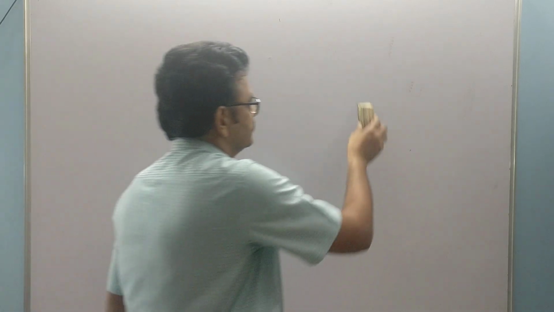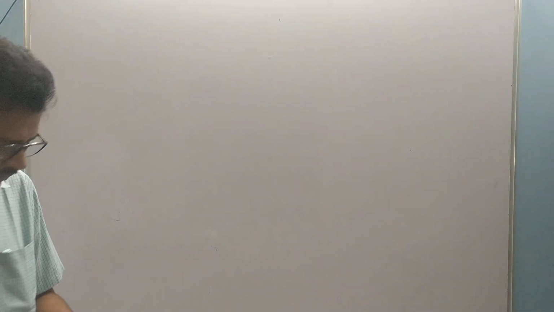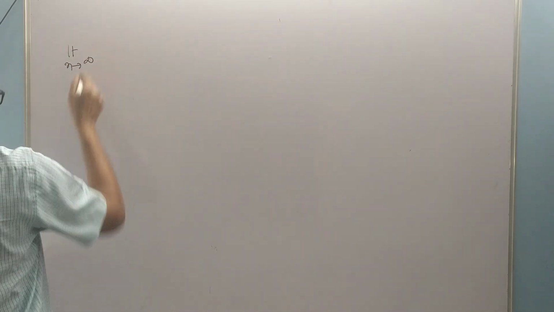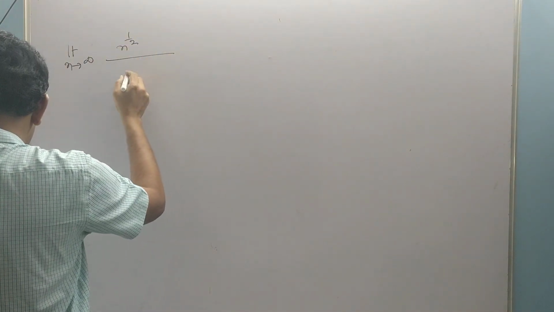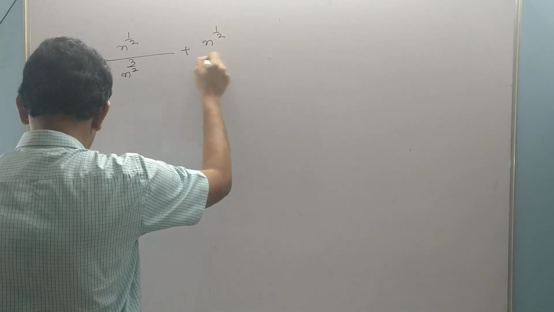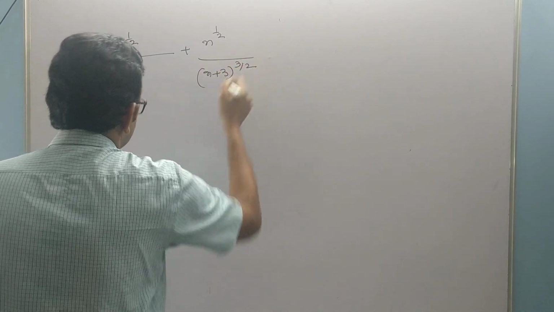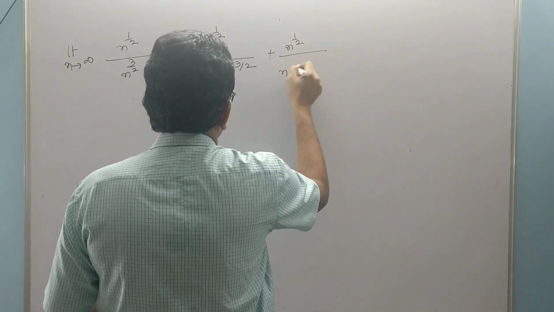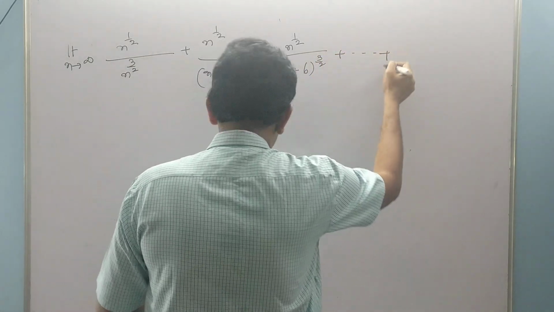Next one: limit of n tends to infinity of n power 1 by 2 by n power 3 by 2, plus n power 1 by 2 by n plus 3 whole power 3 by 2, plus n power 1 by 2 by n plus 6 whole power 3 by 2, plus and so on.